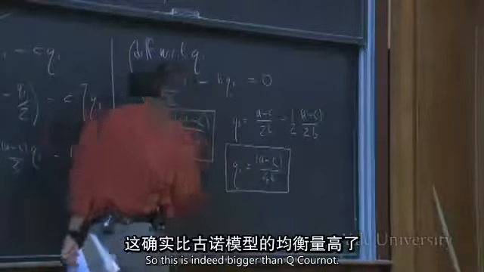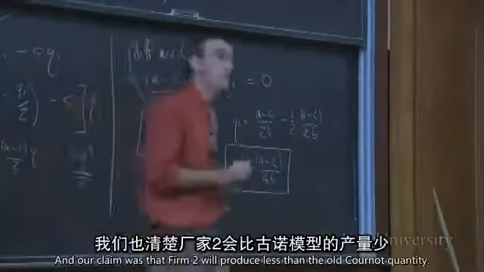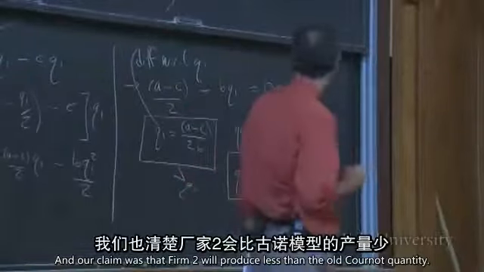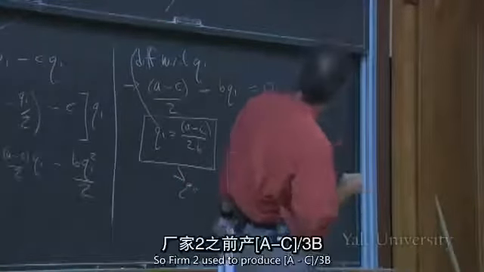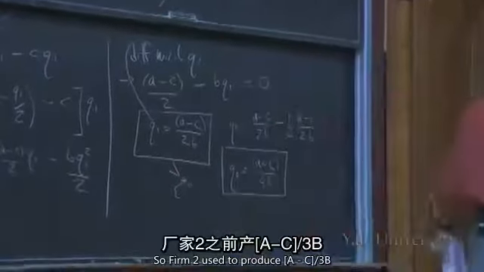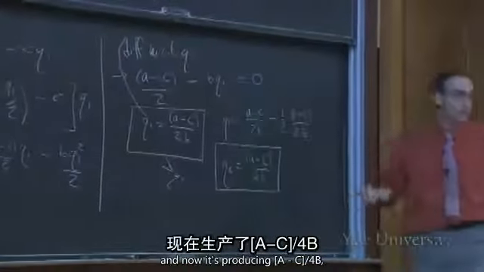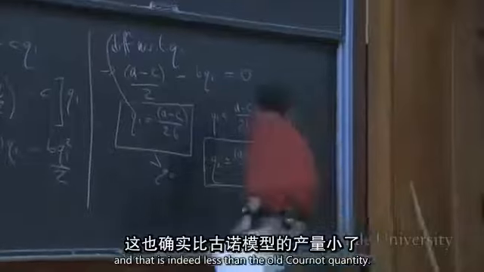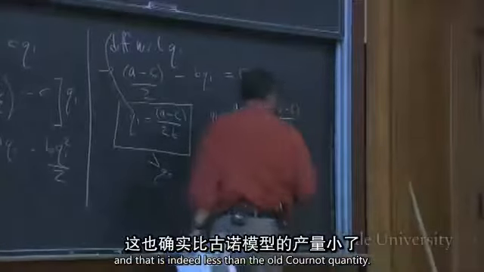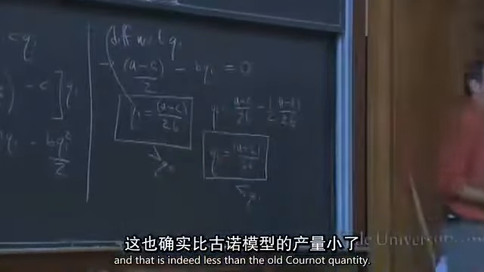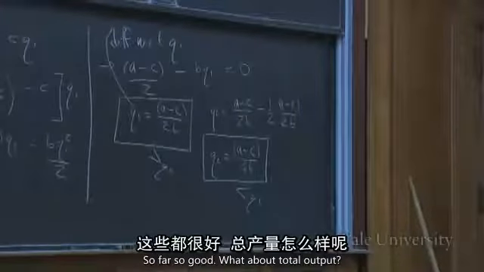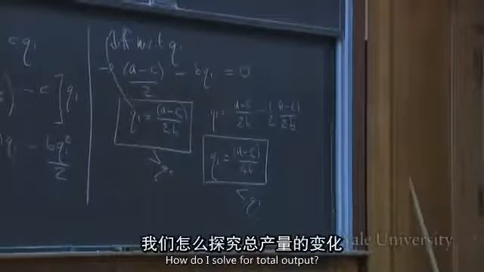And our claim was that firm 2 will produce less than the old Cournot quantity. Firm 2 used to produce (A minus C) over 3B, and now it's producing (A minus C) over 4B, and that is indeed less than the old Cournot quantity. All right, so far so good. What about total output? How do I solve for total output?